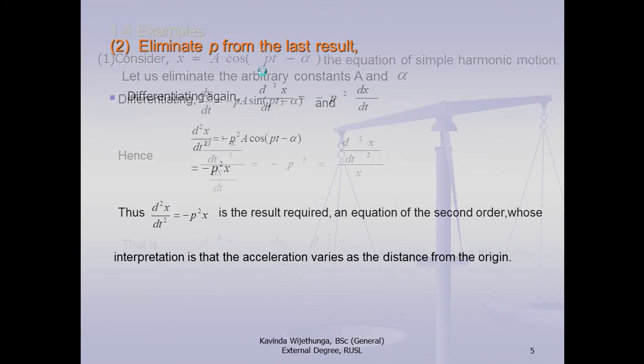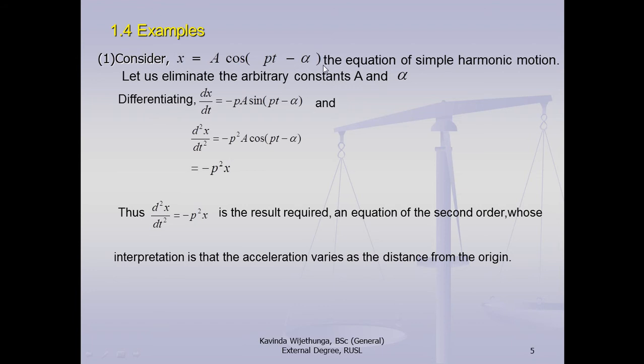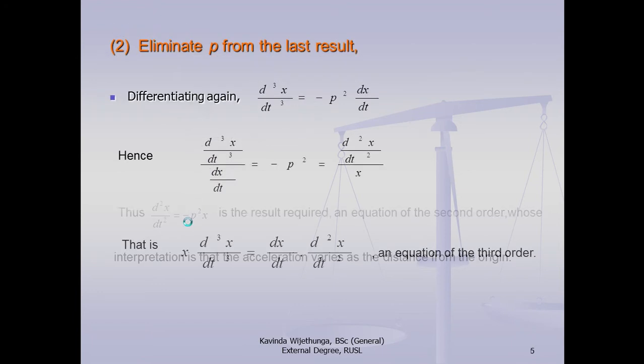Earlier we had 2 arbitrary constants. To remove these 2 arbitrary constants, we have to differentiate 2 times. Right, and if we need to remove p, that is, if we consider it as an arbitrary constant, then we have to differentiate again, that means 3 times, it means third order.